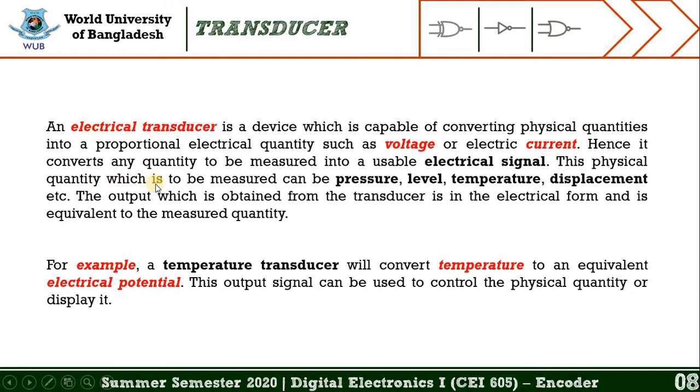This physical quantity which is to be measured can be pressure, level, temperature, displacement, etc. The output obtained from the transducer is in electrical form and is equivalent to the measured quantity. For example, a temperature transducer will convert temperature to an equivalent electrical potential. This output signal can be used to control the physical quantity or display it.